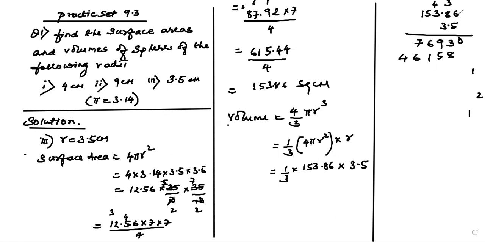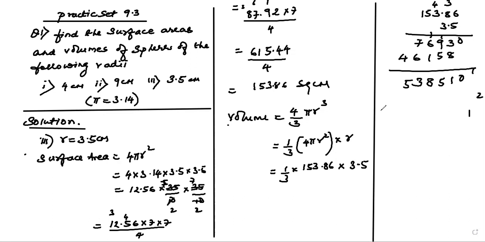Just write it once again. 3 6s are 18, 1 carry over, 3 8s are 24 plus 1, 25, 3 3s are 9 plus 2, 11, 3 5s are 15, 16. Okay. Now when you add them, 0, 3 9 plus 3, 11, 10 plus 5, 15, 7 8, 6 13, 5.